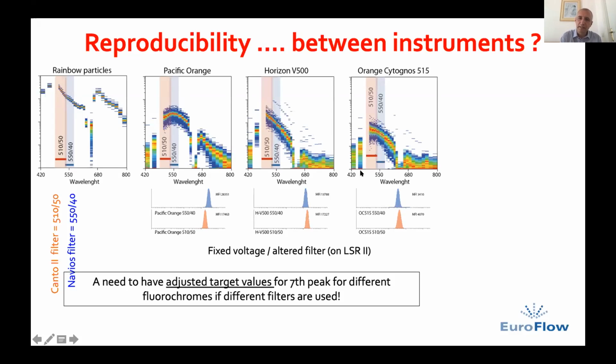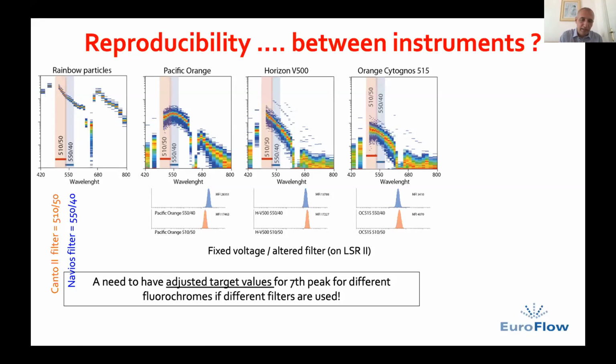So what that means is that if you ever want to make a standardized assay that would be acquired on 2 different instruments with slightly different emission or detection optics, you will have to adjust the target values for the rainbow beads so that eventually not the bead intensity matches each other, but the measured signal matches the other.